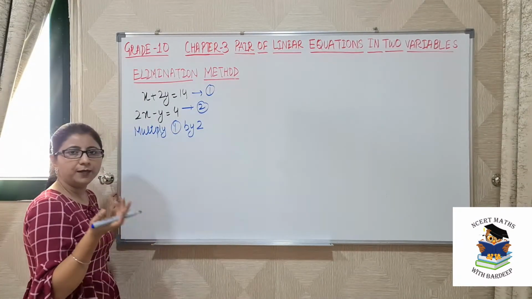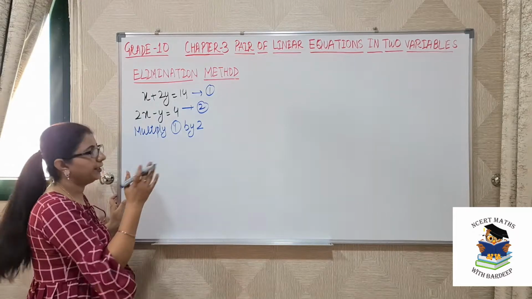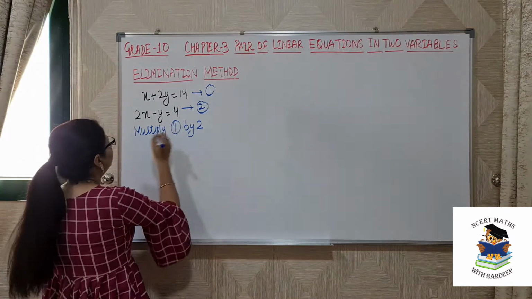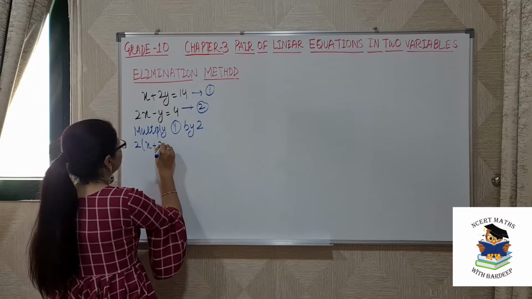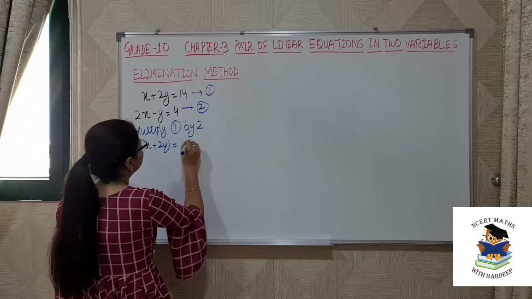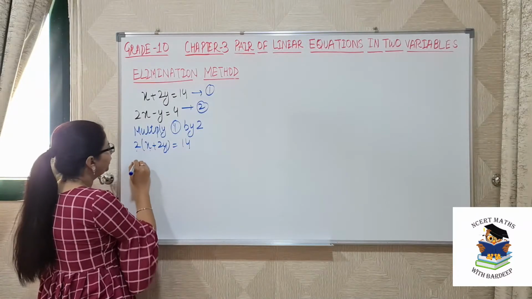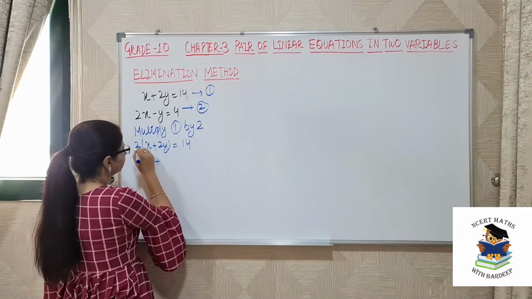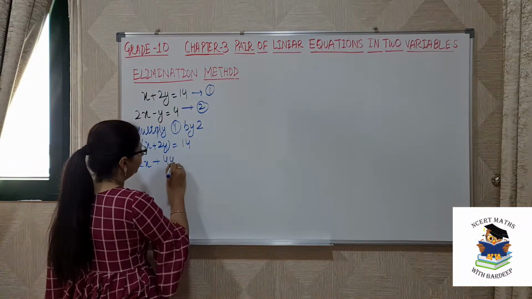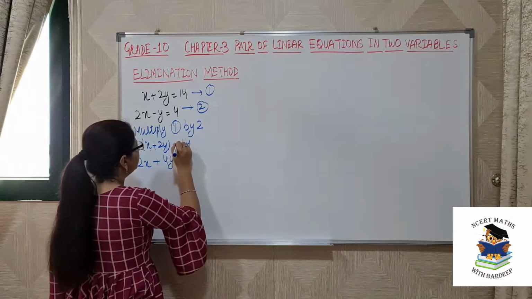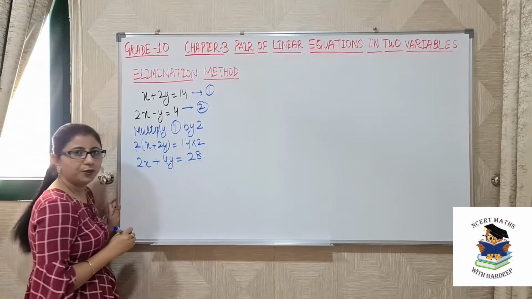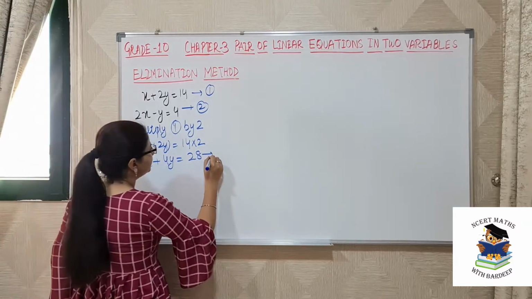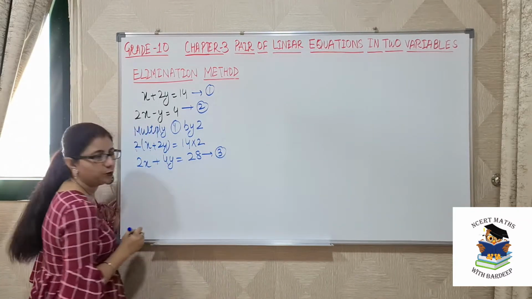So multiplication by 1 will not change my equation, so I can leave that. So our first equation will be, see, 2 times x plus 2y equals 14. So 2 into x is 2x, 2 into 2 is 4y and this also should be multiplied by 2. So 14 into 2 is 28. Okay, so this is my third equation.